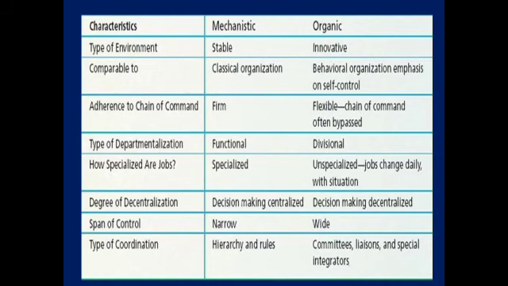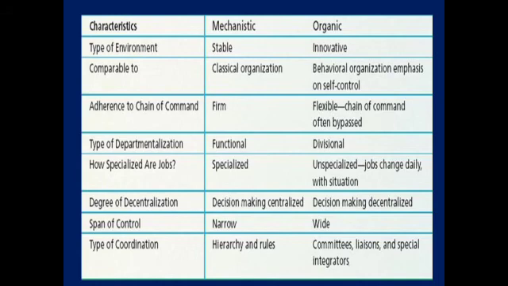In the mechanistic, adherence to the chain of command is firm. Here the top-level manager has the commanding power. In the organic, it is a flexible chain of command, often bypassed. Sometimes if the laborer wants to express his feelings, he directly approaches the director. It is so flexible.